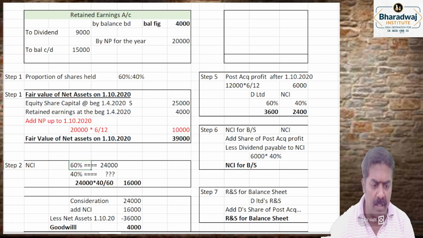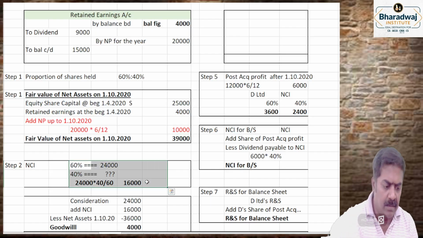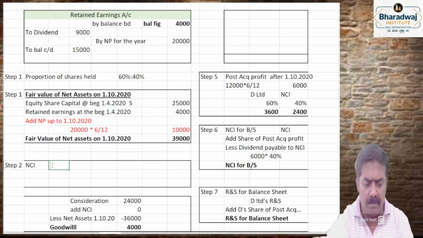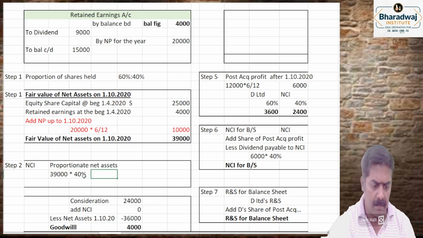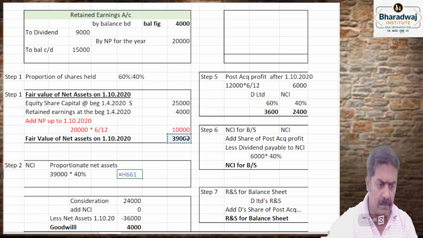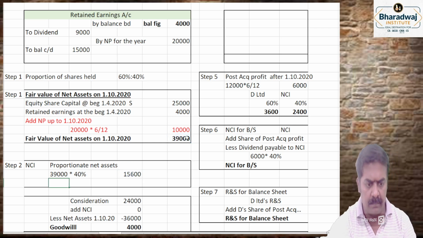Any method they tell you, look at this. So we cannot apply this method. NCA based on partial goodwill method. 39,000 into 40% percentage is 15,600.